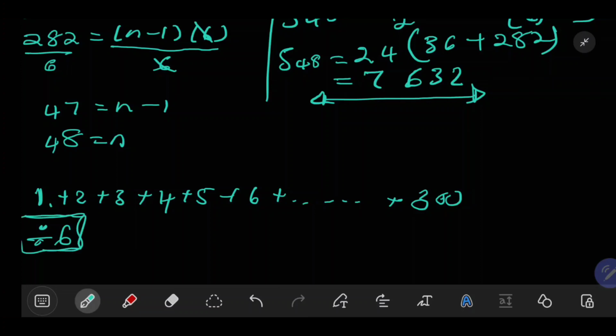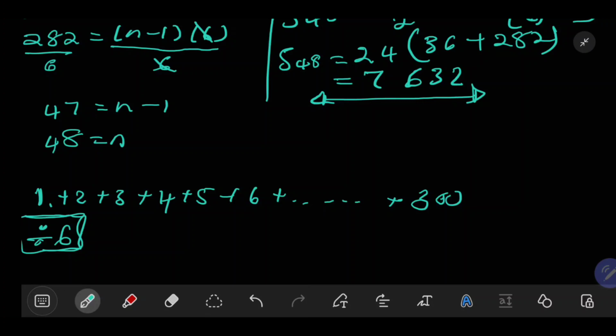1 is not divisible by 6. 2 is not divisible by 6. Even 3. So any number which is not divided by 6, or whereby any number which 6 divides itself and leaves a remainder, we want to find the sum of all those numbers.